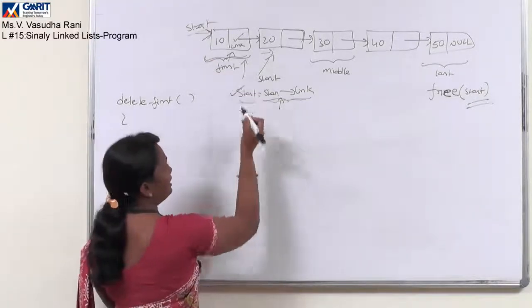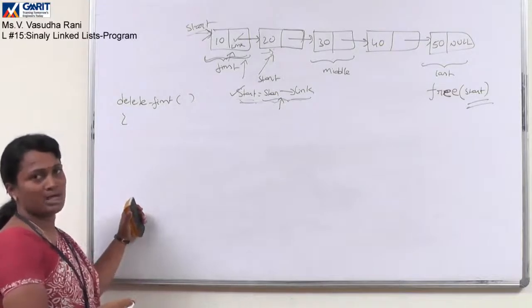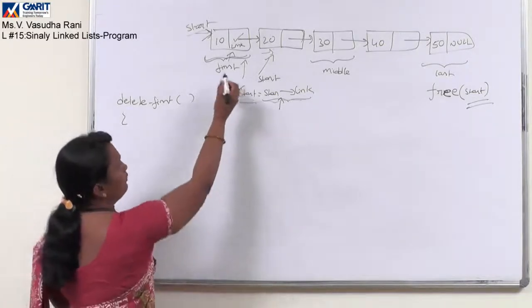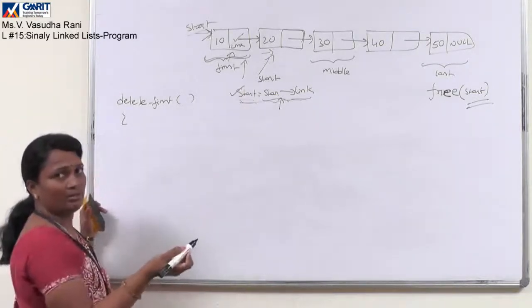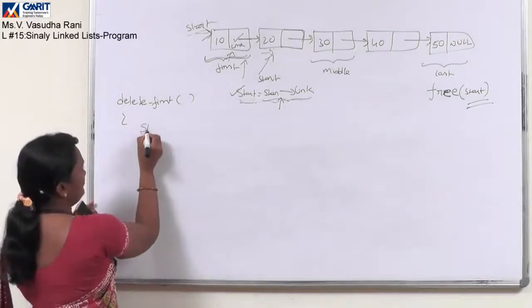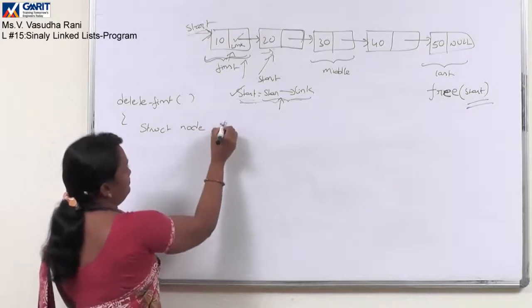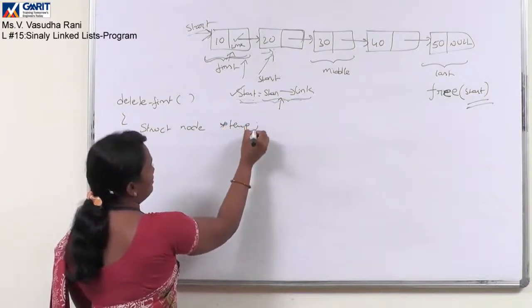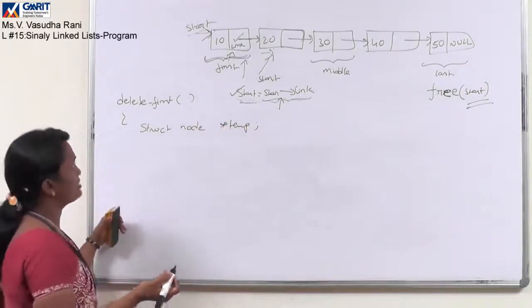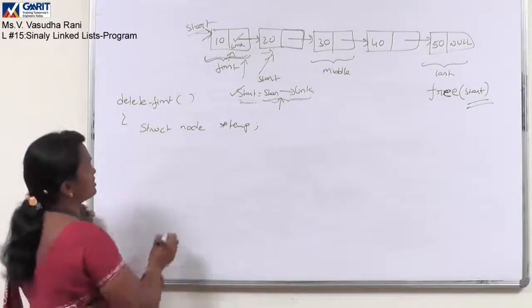But here you are going to modify your start pointer. For that reason, we have to create a temporary pointer. So it can be struct node star temp, a temporary pointer created for your structure.